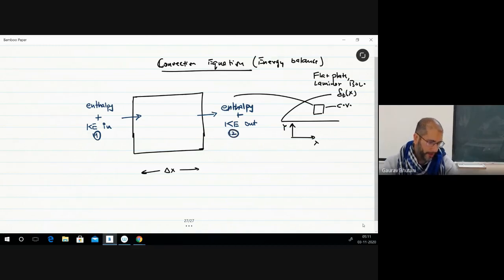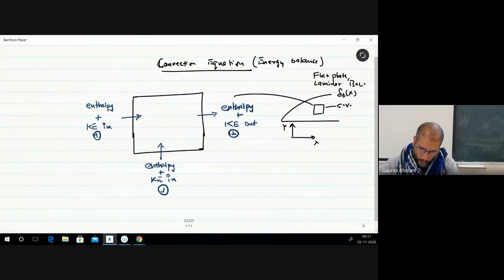So we call this number 2. Then we also have the bottom phase. So we'll have similarly, we call this number 3.